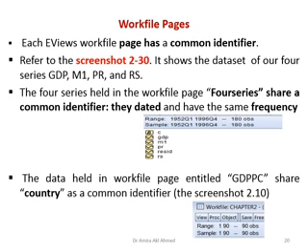For example, the 4 data series held in the work file page entitled 4 series in the work file named chapter 2 are dated and have the same frequency. I mean quarterly data. Kindly look at the screenshot 2.30. It shows these 4 series: GDP, M1, PR, and RS.